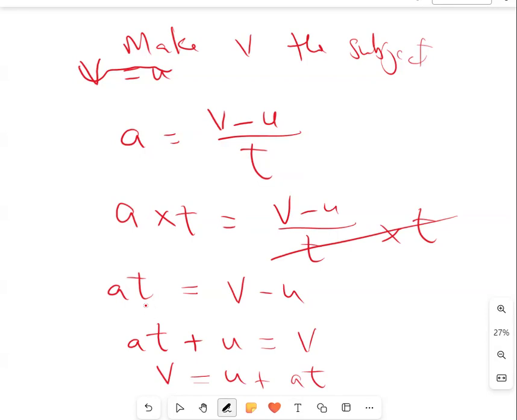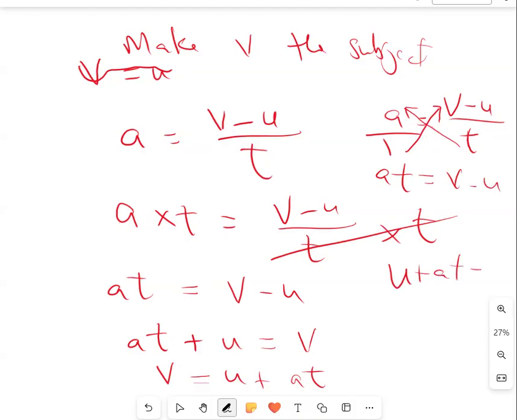An alternative way people do it is this. They take A equals V minus U over T, and they do something called cross multiplication. Cross multiply like that. So you end up with AT equals V minus U. And then you take over U and you get U plus AT equals V. Right?